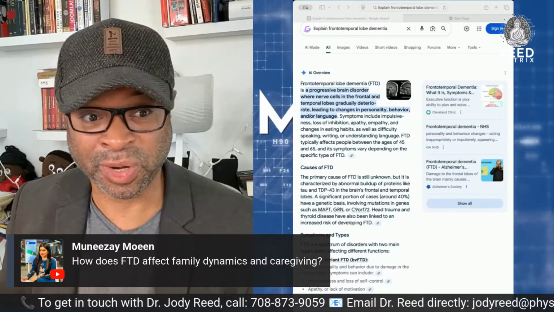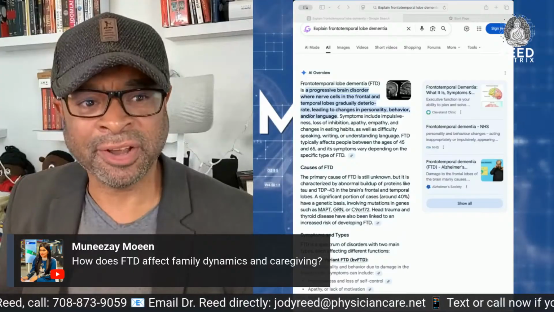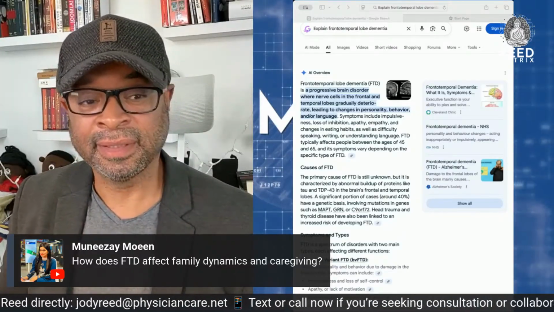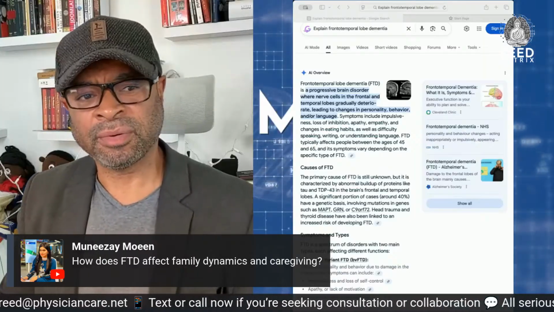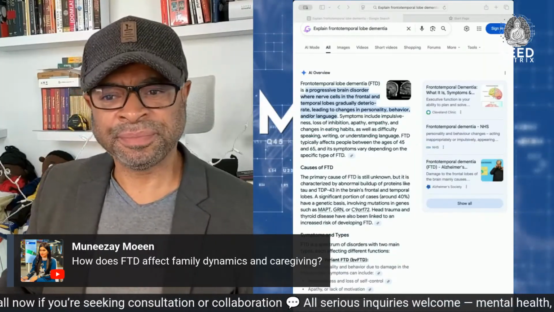And then the patient ran and gave the police chase. They had to bring her back to the emergency department, and now she's arguing with the staff, right? That's how frontotemporal lobe dementia presents with the affect and cognitive changes.